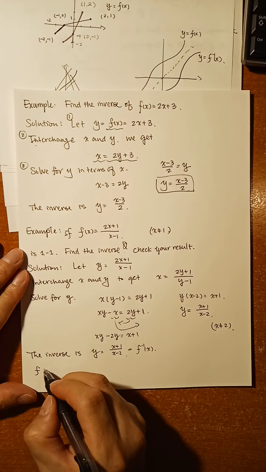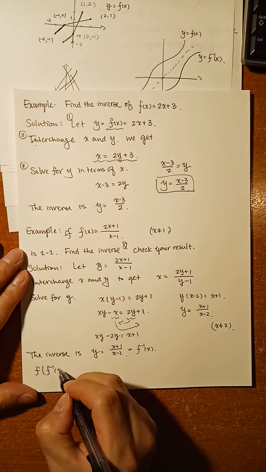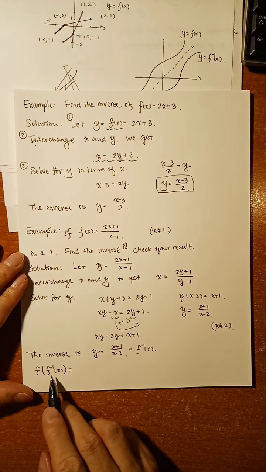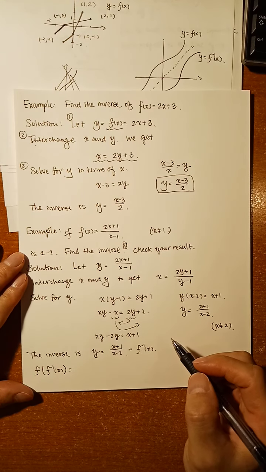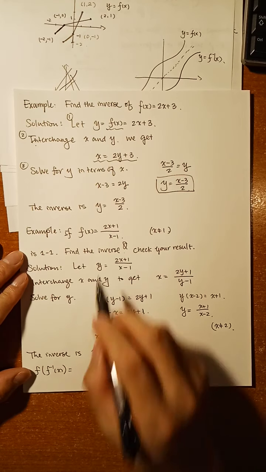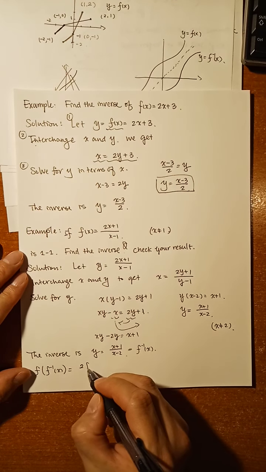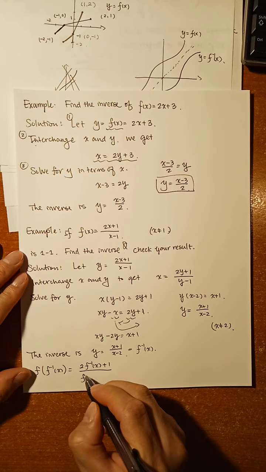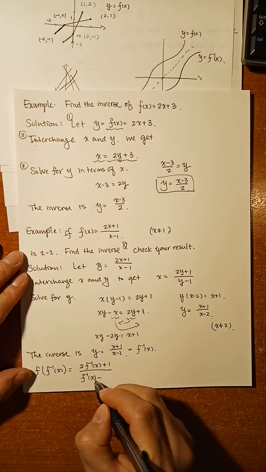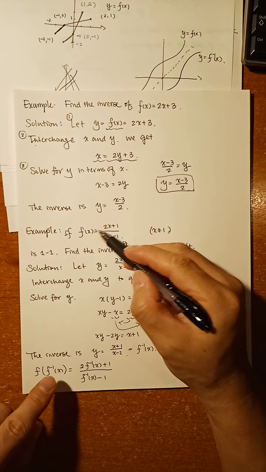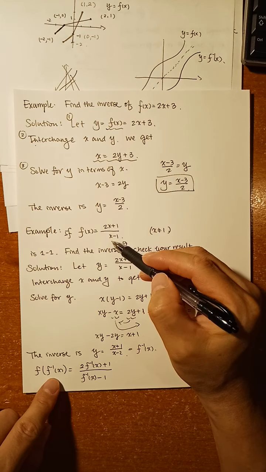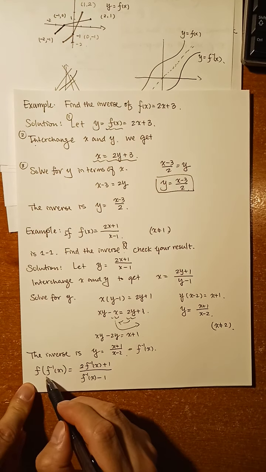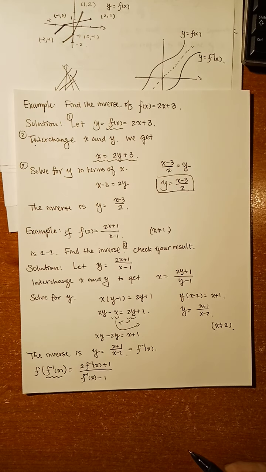And then you're going to really check those two formulas. f(x) is this, so it's 2 f inverse of x plus 1 over f inverse of x minus 1. You see here, whenever you have x, you're going to copy f inverse of x, because in this computation, f inverse of x is the input.